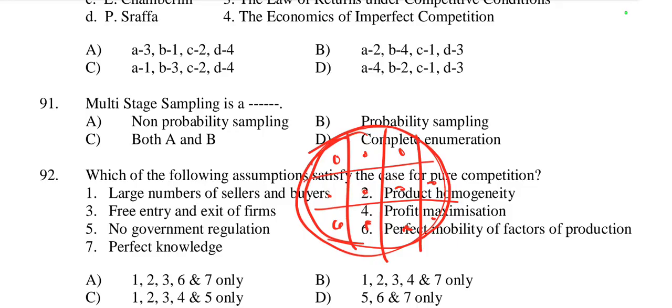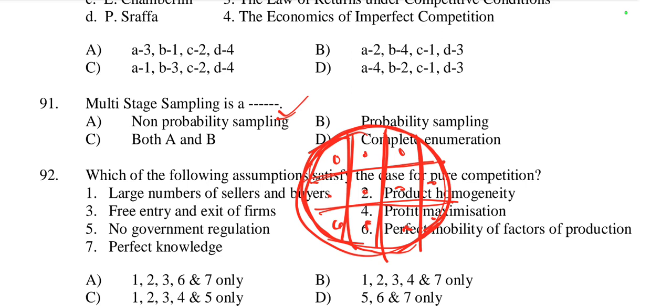So first, in multi-stage sampling, when we divide the total population into different groups, we use non-probability sampling.